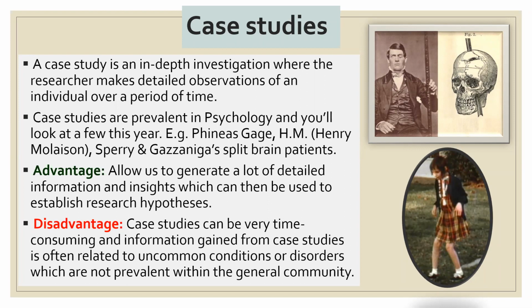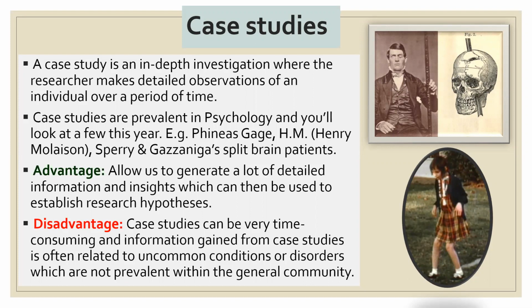So when social psychology researchers, for example, were studying the social behaviors of groups that are not very common, so groups like Mormons or groups like the Ku Klux Klan, they were trying to study the personality characteristics of people in these groups.